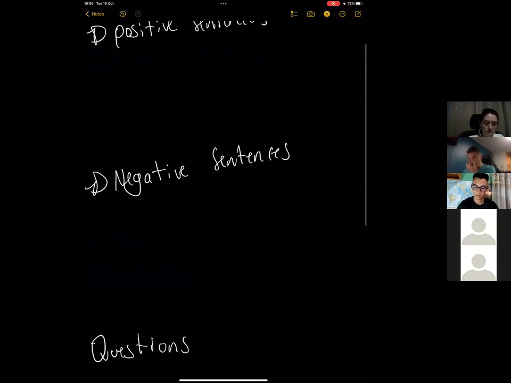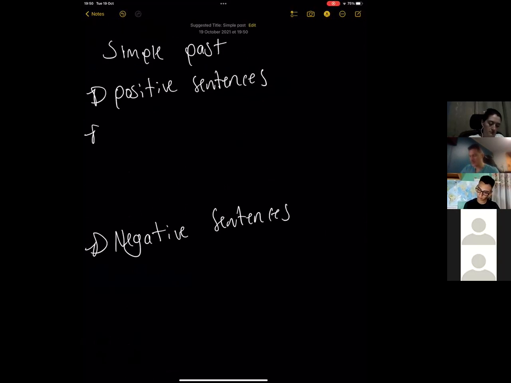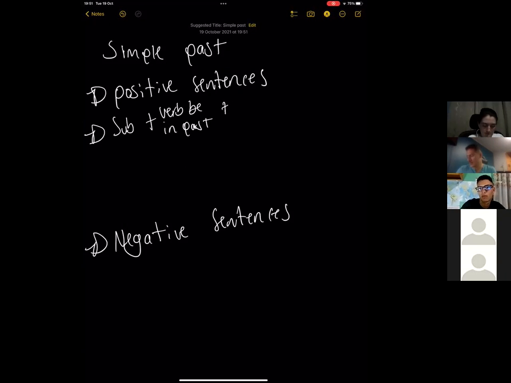Okay, so let's go one by one. Super simple. How do we form or create the regular statements? I'm going to choose a subject plus verb be in past. And then we could have a complement. So let's test it.